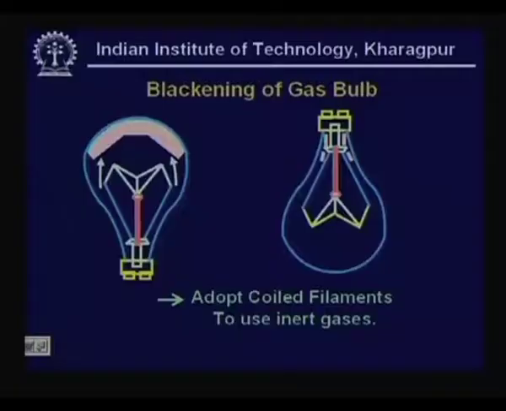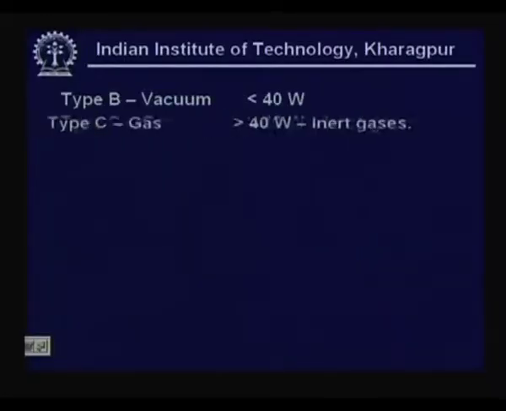Coils are used, and going by this we have two categories of lamps. One, vacuum lamps, which are often called type B, and the other, gas lamps, which are called type C. As can be seen, type B vacuum lamps are usually less than 40 watts.